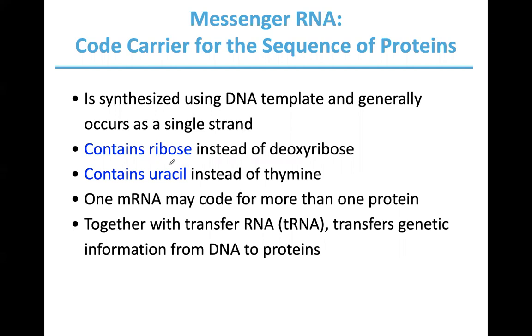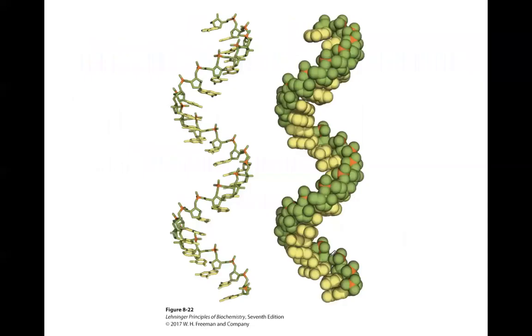It has ribose, contains uracil instead of thymine. We know that. And also one messenger RNA may code for more than one protein. We'll see that in a moment. Together with transfer RNA, it transfers genetic information from DNA to proteins.